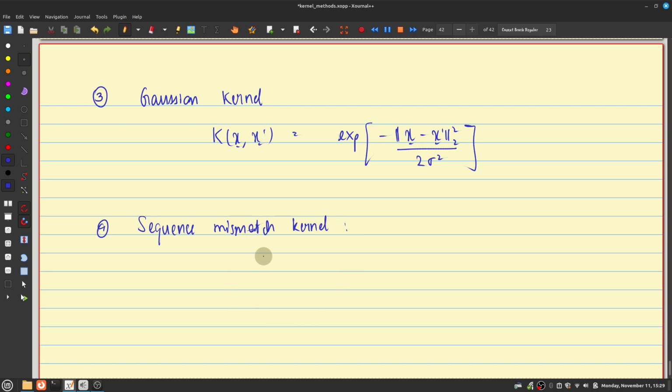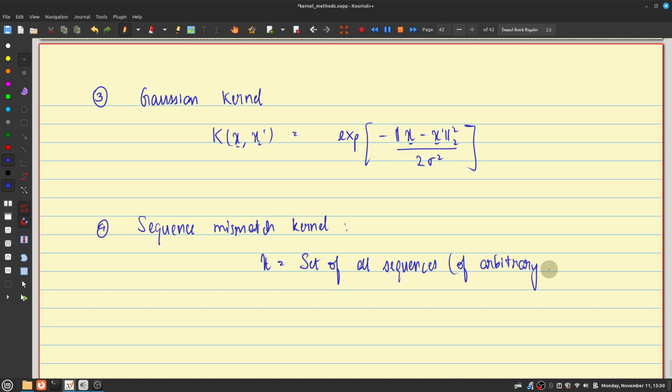So in this case, x is the set of all sequences of arbitrary length over some finite set.